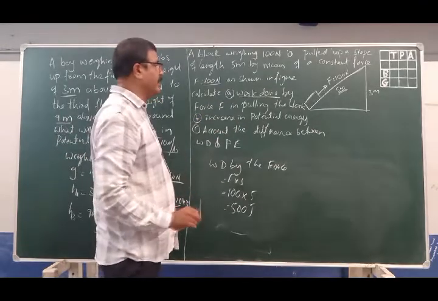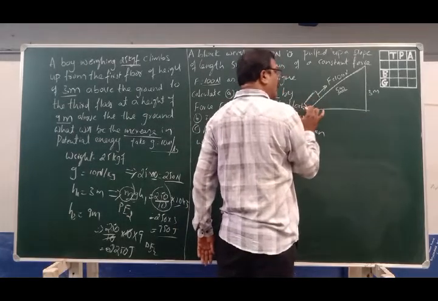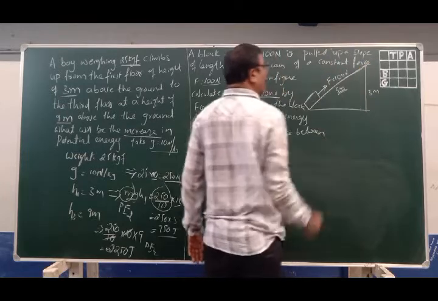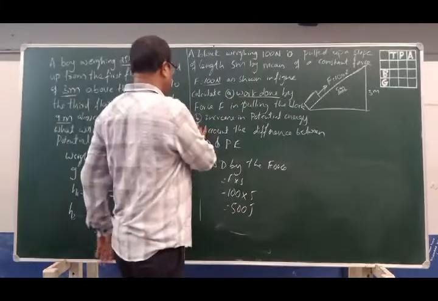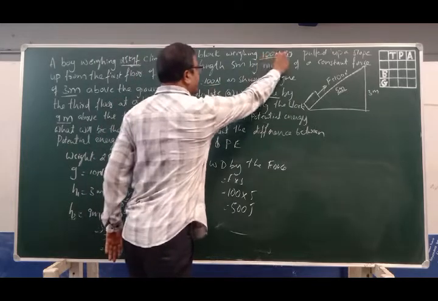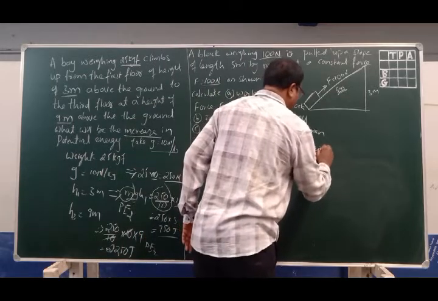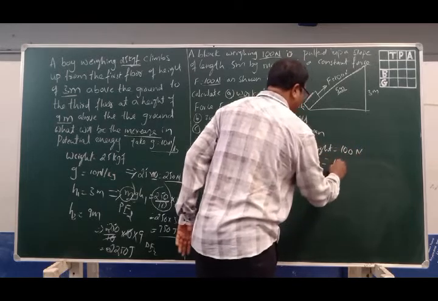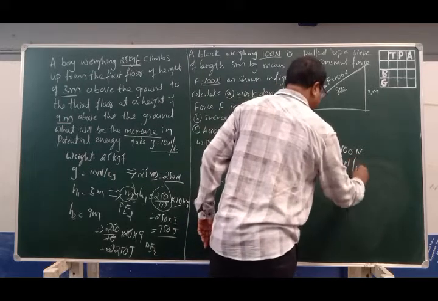Increase in potential energy. If we consider that the potential energy of this block on the ground is 0, then we should calculate the potential energy when it is at a height of 3 meters. The weight of the block is given as 100 newtons, and acceleration due to gravity is 10 Newton per kg.